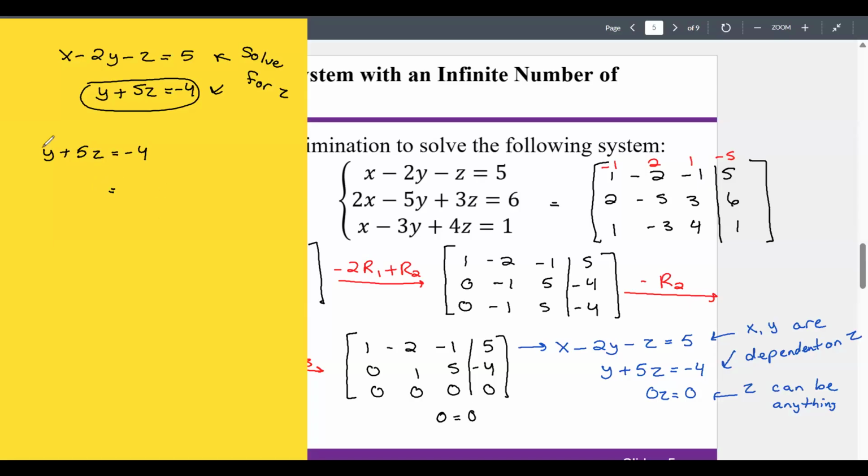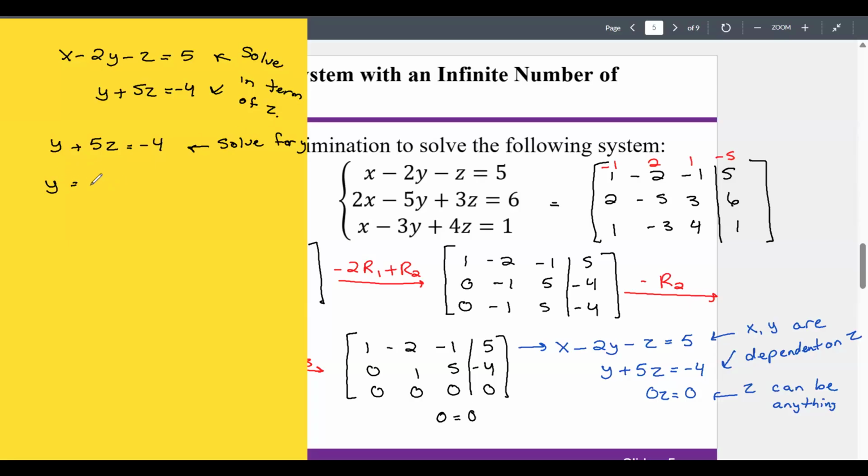Sorry, not solve for, I meant to say solve in terms of z, because we're dependent on the z, so z is my independent variable. Sorry about that, it wasn't a typo. So we're going to solve for y because z is going to be my independent variable.